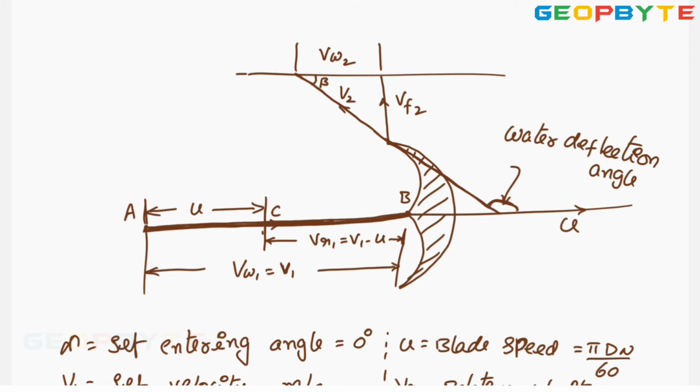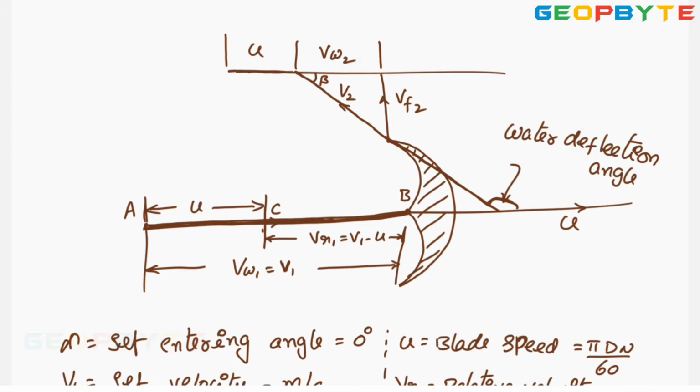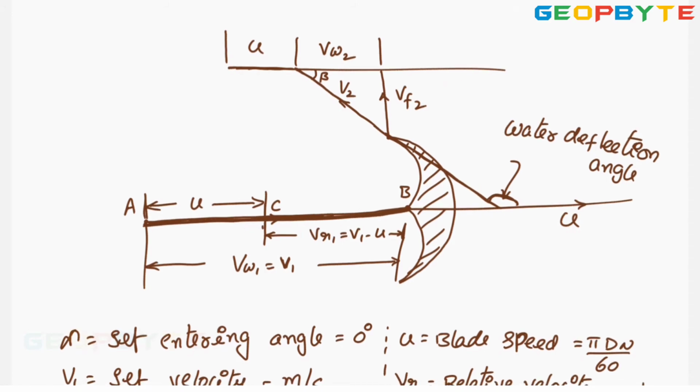And the blade speed at outlet: the blade speed cannot change from inlet to outlet because the jet enters at the middle. This is the blade speed. Then the velocity connecting the jet and blade is the relative velocity. With that relative velocity VR2, the jet of water leaves the blade, and this is the blade exit angle phi.